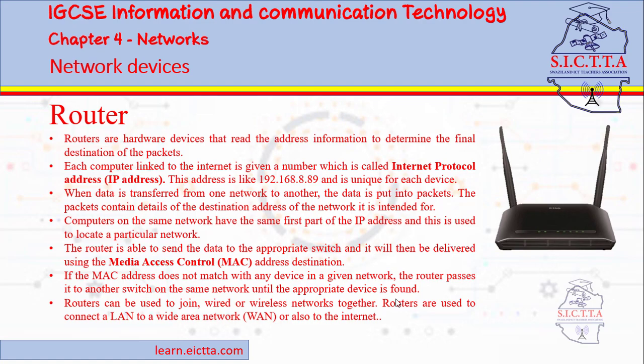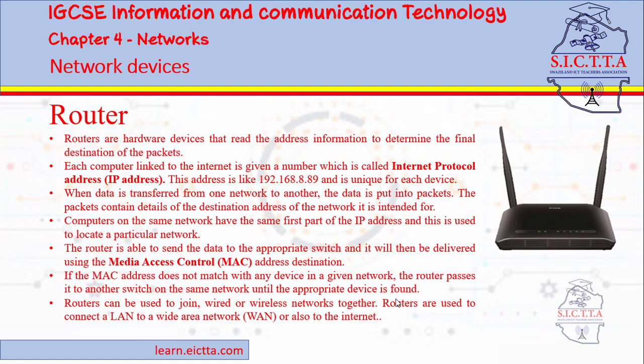Computers on the same network have the same part of the IP address. So if I have computers in a computer lab at school, then the first three parts of the IP address have to be the same.